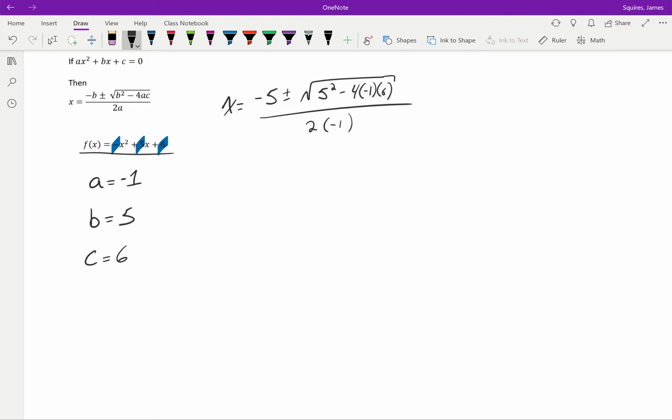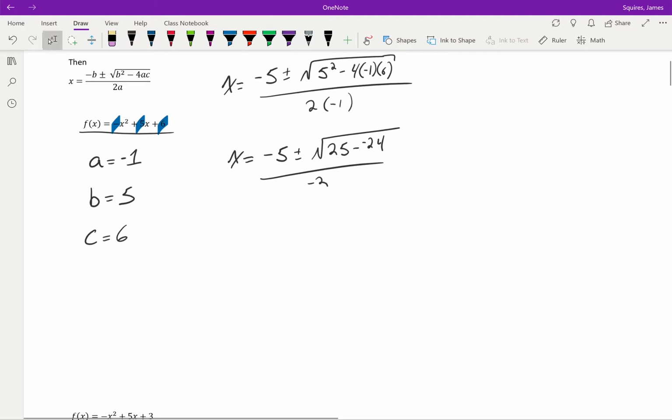So let's start solving this. 5 squared equals 25, minus 4 times 6 is 24 times negative 1, so we got minus 24, all divided by negative 2.